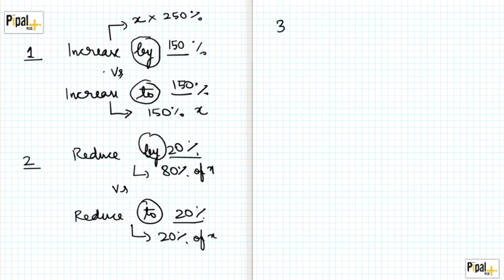The third ambiguity that we very commonly face, and that too in the language, is that there may be a question like this. Let's say 10% of my salary is spent on rent, right?